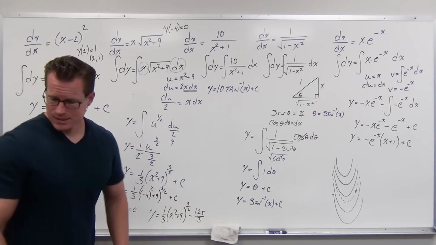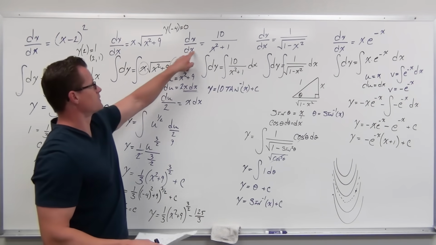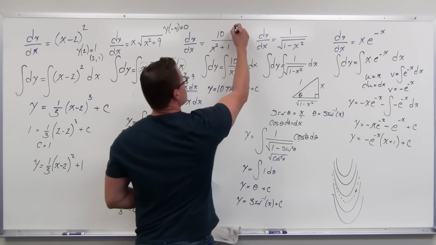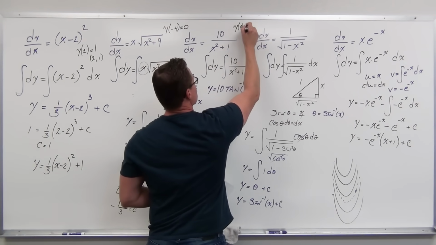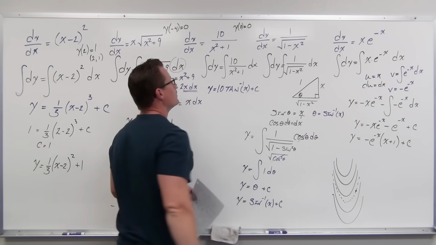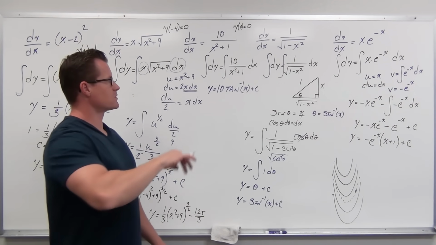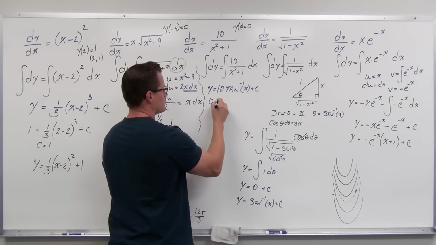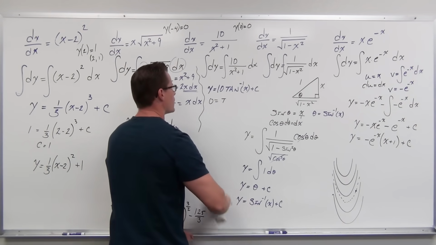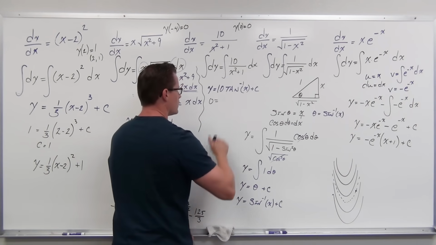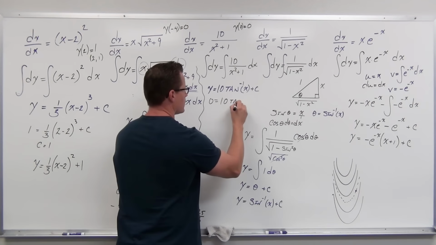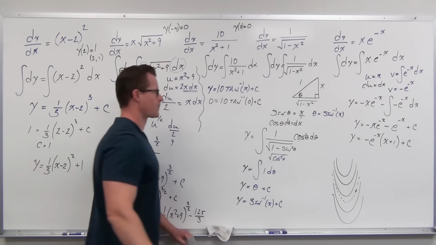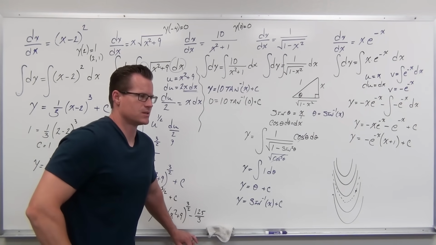This one shouldn't be too bad. Let's suppose that on the next example, this derivative equals 10 over x squared plus 1, that we need to go through the origin. Y of 0 equals 0. Y is 0 when x is 0. Tan inverse of 0.